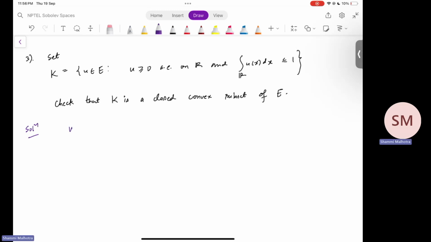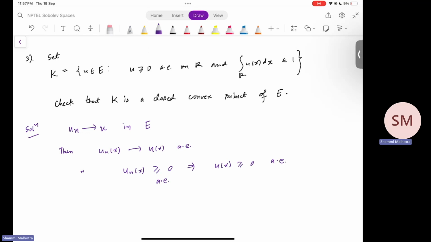So if u_n converges to u in E, then we know that u_n(x) converges to u(x) almost everywhere. And also we know that the u_n(x) are greater than or equal to 0. So this will imply that u(x) is greater than or equal to 0 almost everywhere.